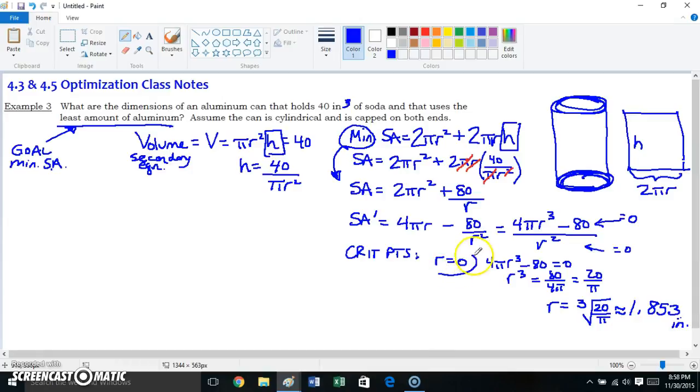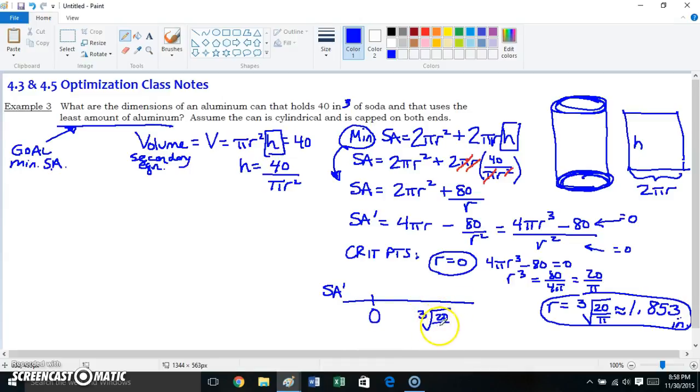Okay, so we have two critical points, and we are going to create our surface area number line with 0 and the cube root of 20 over pi. Okay, thinking about this related polynomial for the derivative to figure out the positive and negativeness, r squared times 4 pi r cubed.